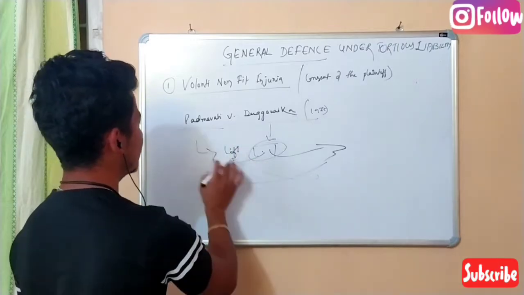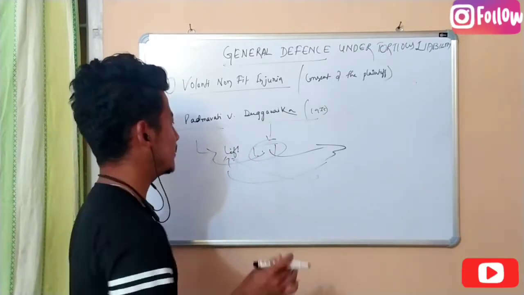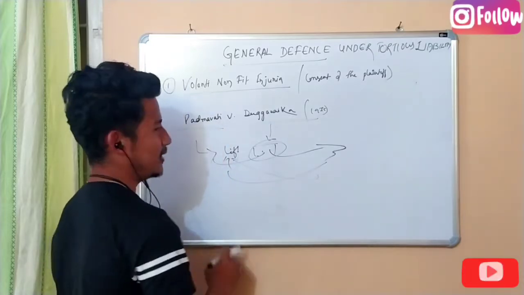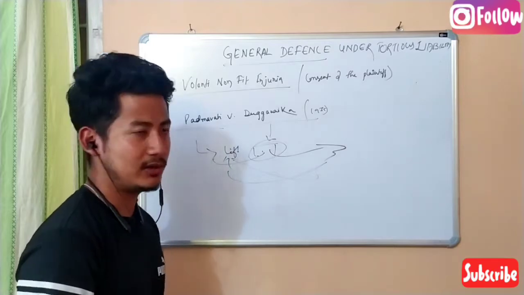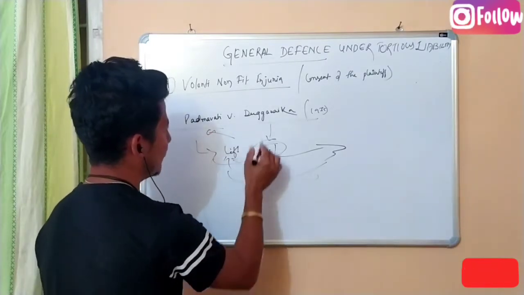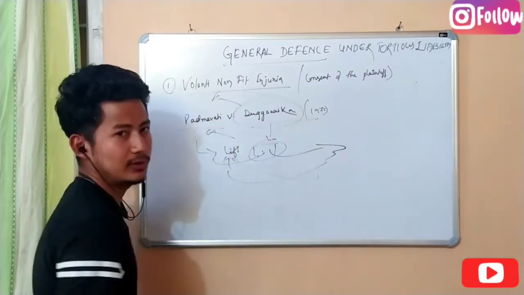But since she had consented, and meeting with an accident is an expected thing that everyone can anticipate can generally happen, she was denied compensation, and Dukkanayaka was allowed to take the defense of volenti non fit injuria.